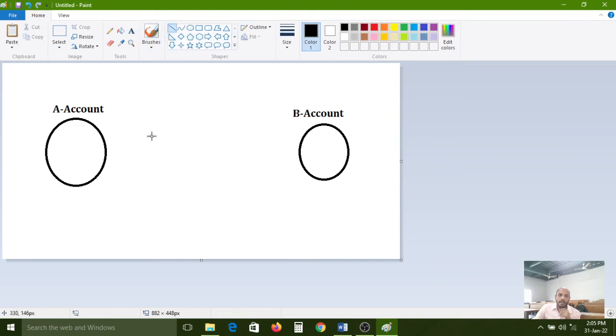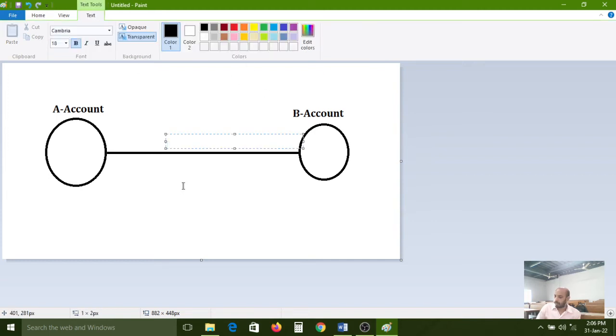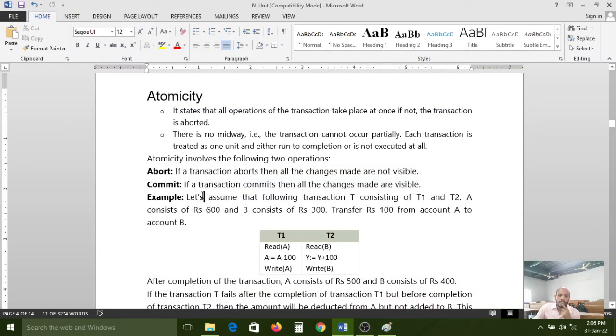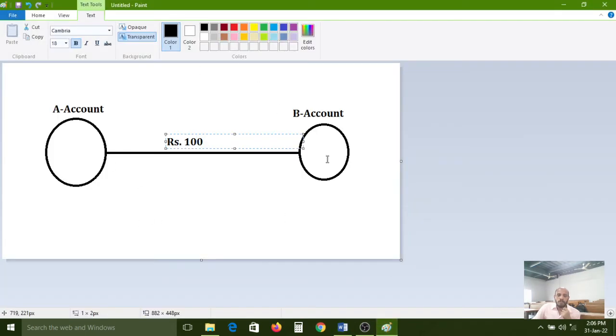Now I want to transfer 100 rupees from A account to B account.